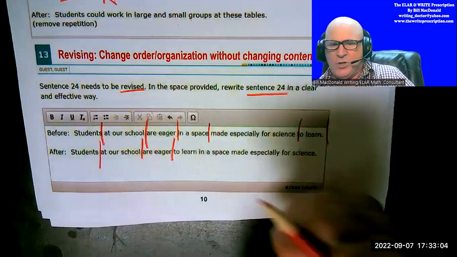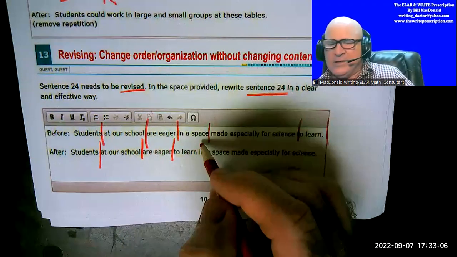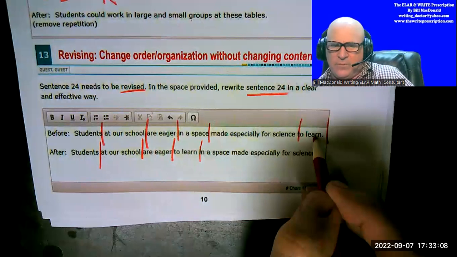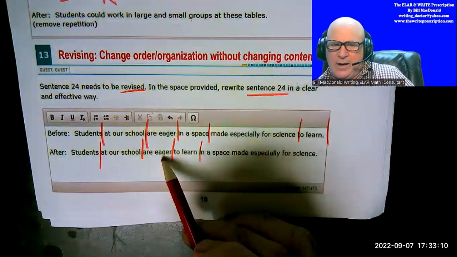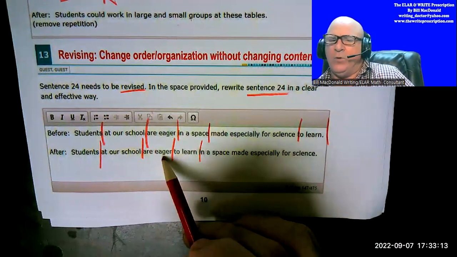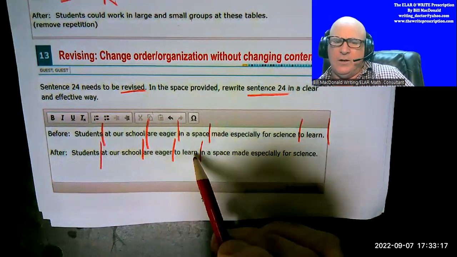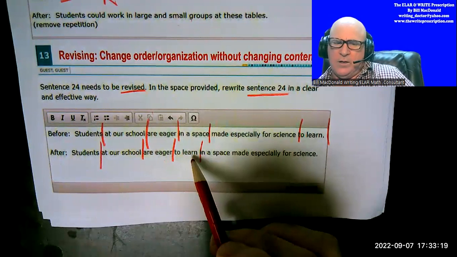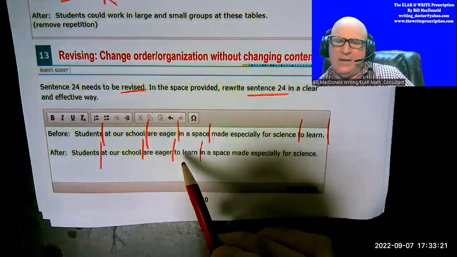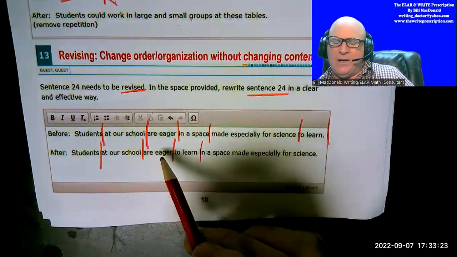And so all I had to do, because eager is an adjective and they're wanting to describe what they're wanting to do, I want to learn. And I'm eager. I'm anxious. I'm excited to learn in a space made especially for science.